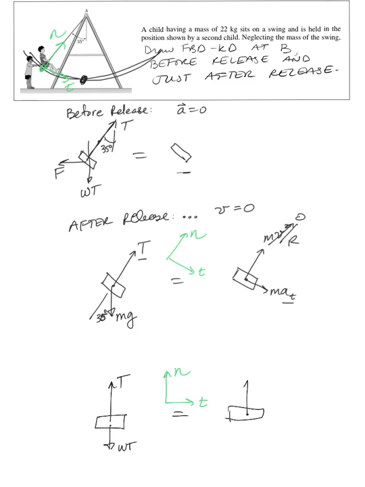Over here, I've got mass v squared over the length of the swing, and in the tangential direction, I've got mass times A T. And I would see here, if I sum forces in the tangential direction, that would tell me that A tangential equals 0. So again, I'm stuck a little bit with being able to solve for the tension and the velocity. I've only got one equation left, so I would need some kinematics to get me through this.